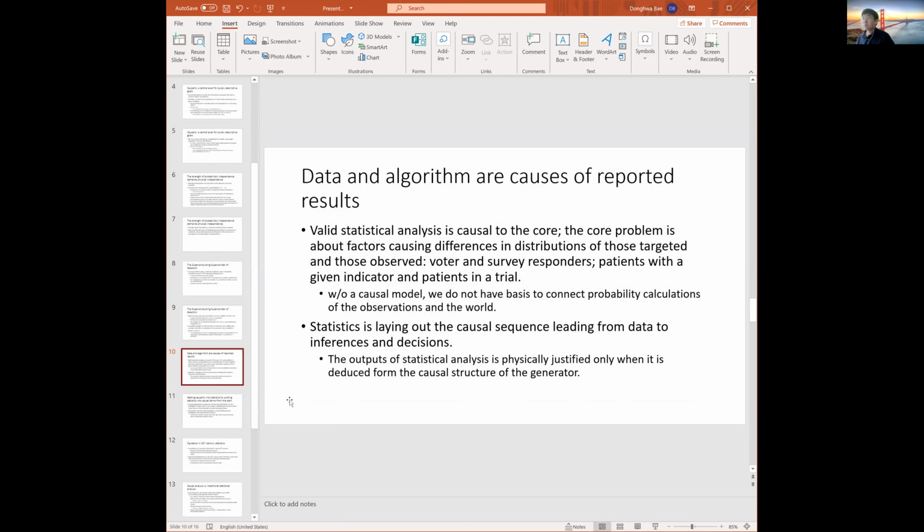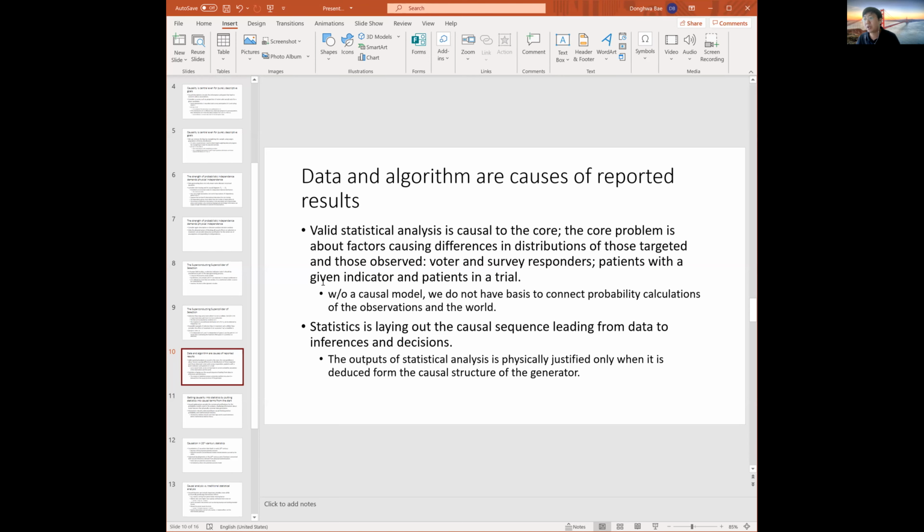And therefore, the author argues that valid statistical analysis is closer to the core. The core problem is about factors causing the differences in distribution between the targeted and the observed. For example, voters are the targeted population, and survey responders are the observed in descriptive analysis.